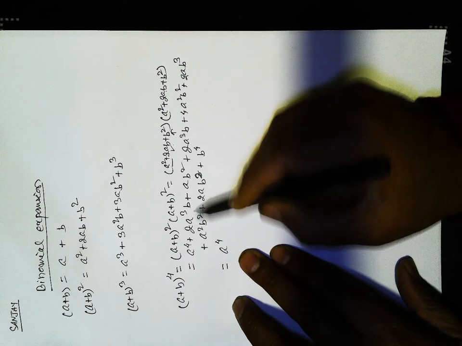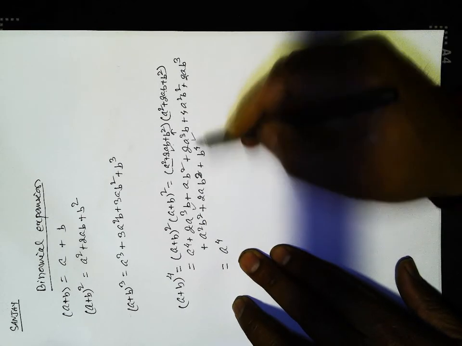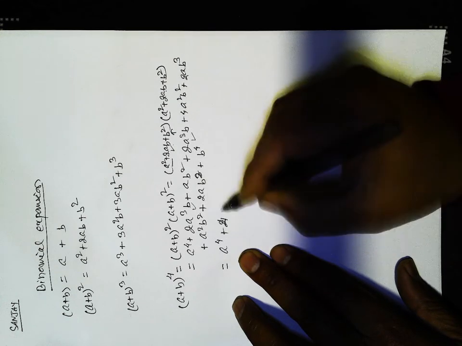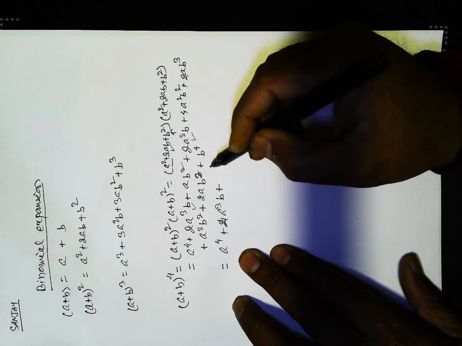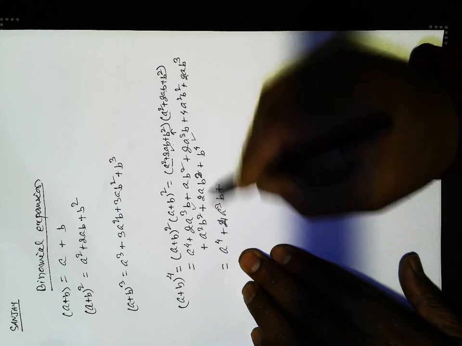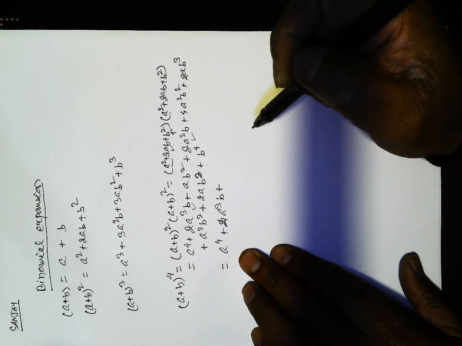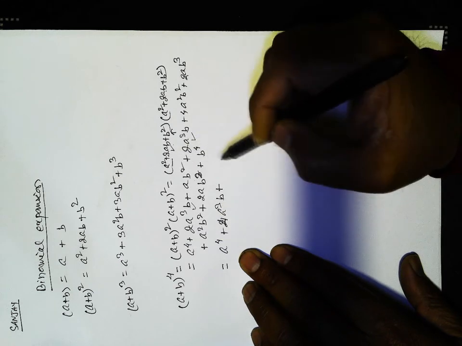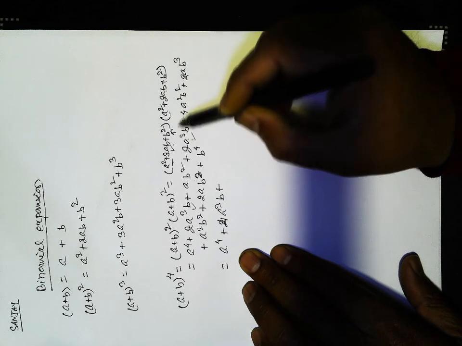Let's check the a cubed b term. Yes, we have two times the a cubed b term, so we can write plus 2 plus 2, 4 a cubed b. Now let's see how many times it is ab cubed.